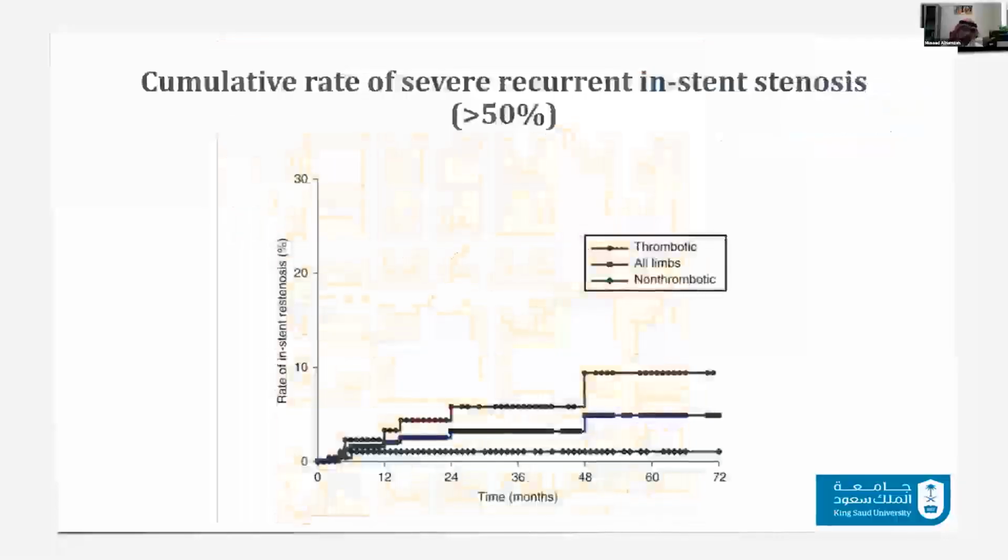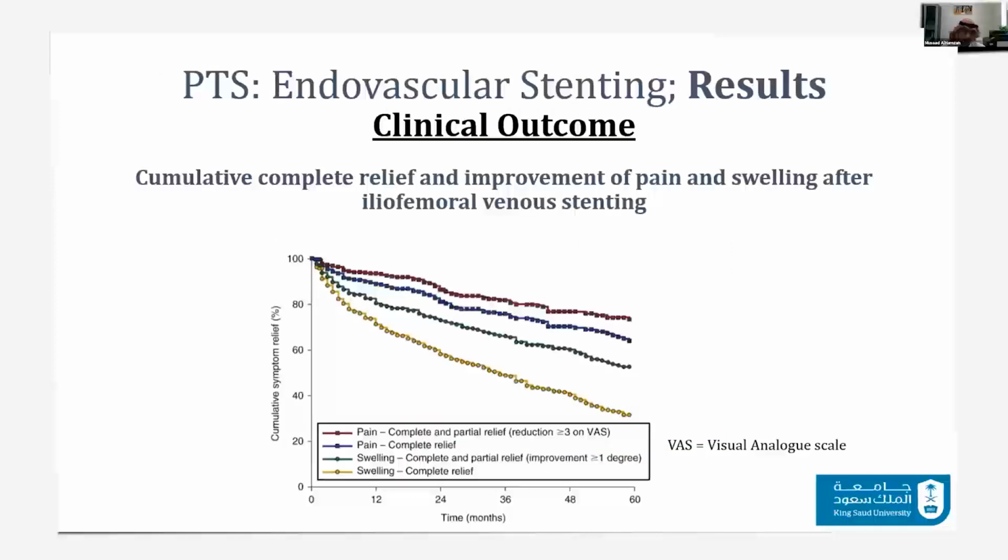The cumulative rates of in-stent restenosis, as you can see, are higher with thrombotic events, as we described. It is probably related to the degree of thrombus, or the thrombus burden, as we call it. When we go to the clinical outcome, the cumulative complete relief and improvement of pain and swelling after stenting tends to be very, very variable.